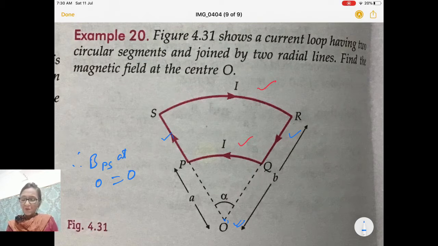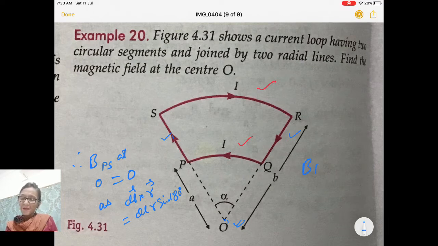B at O is equal to 0, as dl cross R is equal to dl R sine 180 degrees. Okay, for this part the magnetic field is 0.